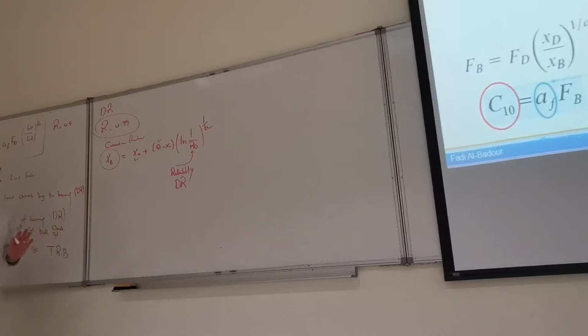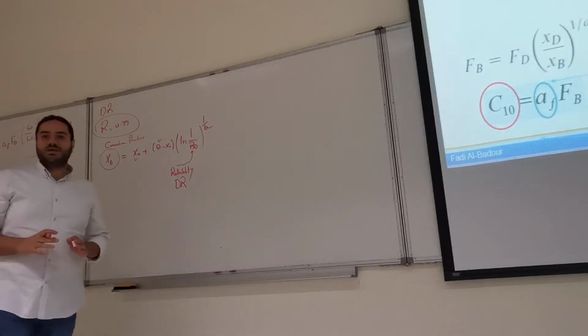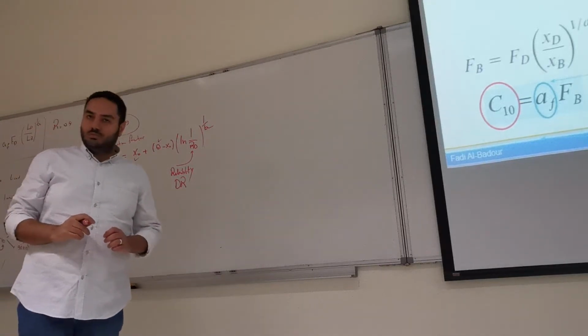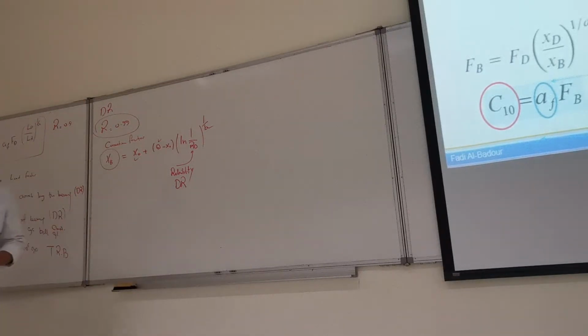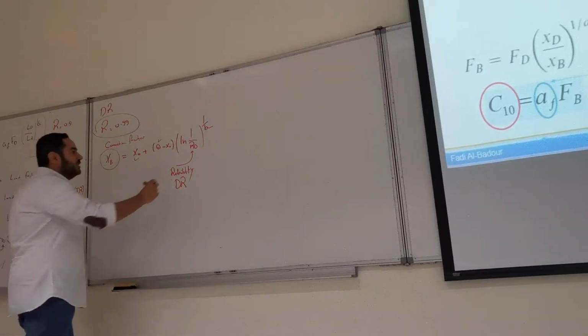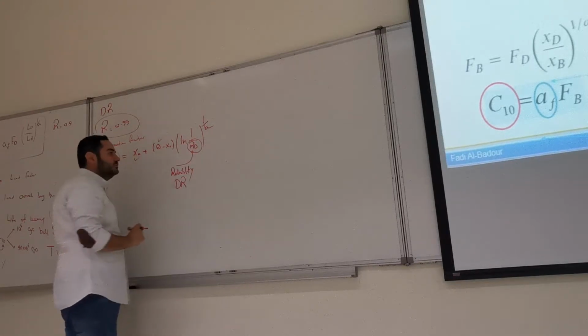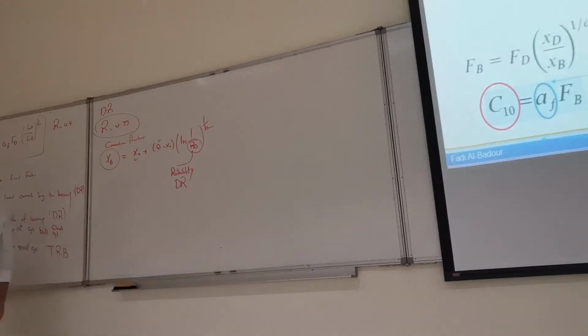The bearing manufacturer provides them in the catalog, so those parameters are not calculated. RD, the reliability, is a design requirement, so you should know the value ahead of time.